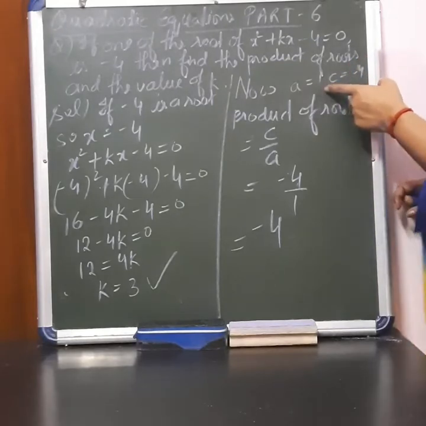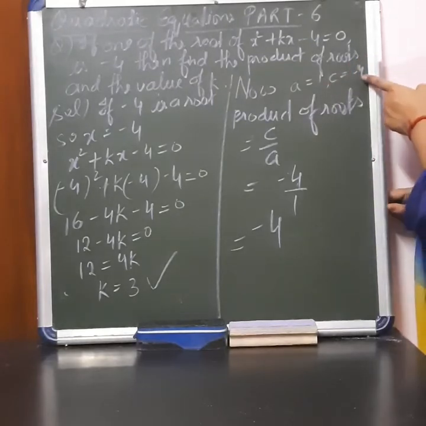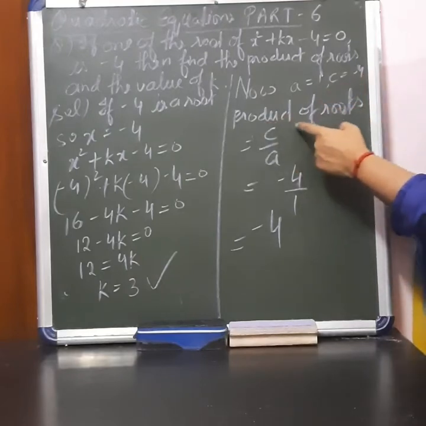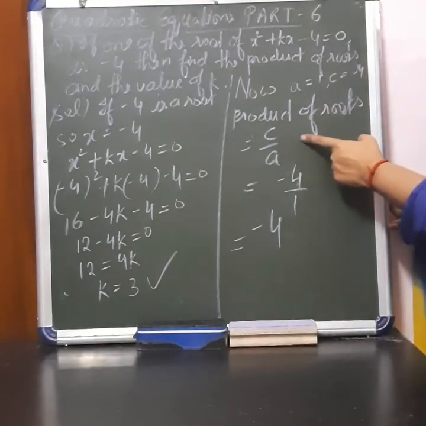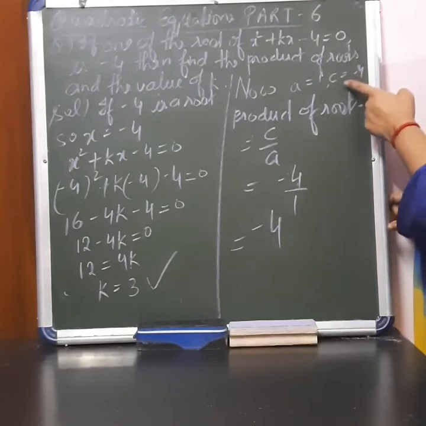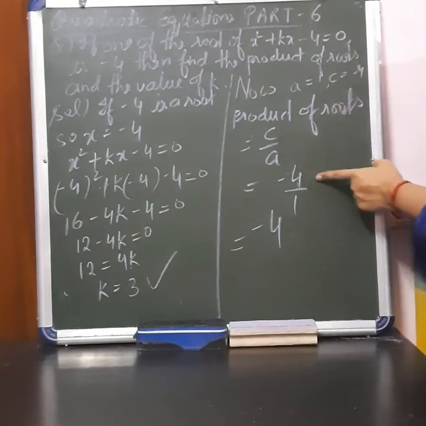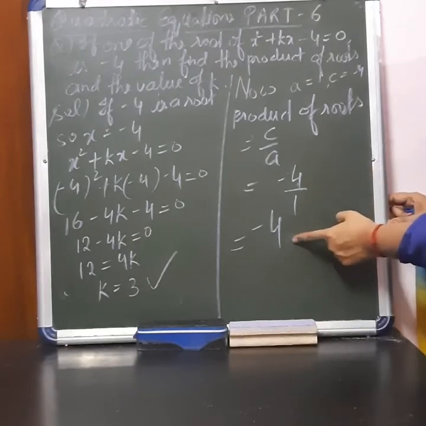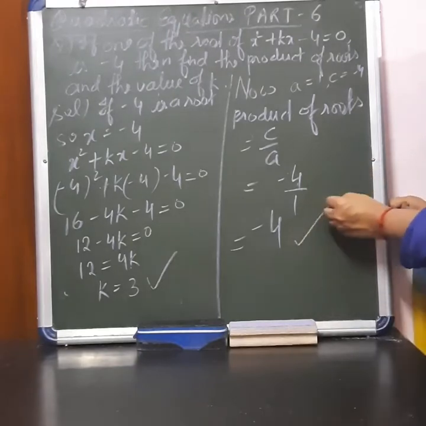So the value of a is 1 and the constant is minus 4. For the product of roots we have the formula c upon a. The value of c is minus 4 and the value of a is 1. Putting in the values, minus 4 upon 1 is minus 4. So this is the answer to the second part of this question.